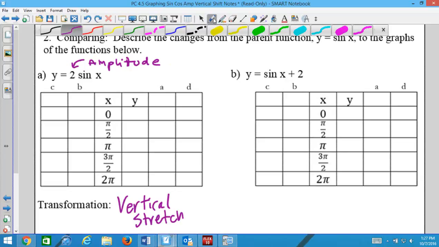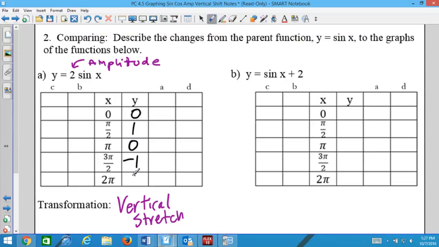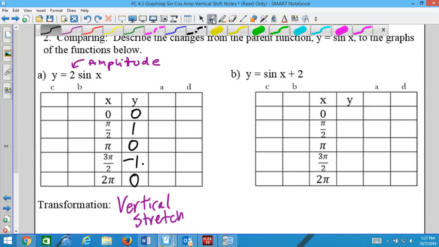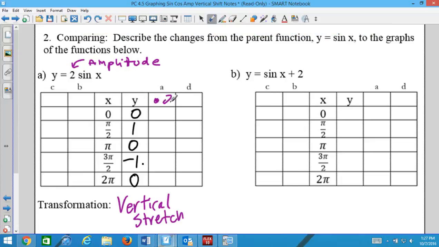So we fill out our table. I'm going to put my key points in, and sine starts at 0. And then 2 is that A, B, C, or D? That's the A value. So for A, I'm going to multiply everything by 2. But you see where A is located in the table, it is next to the Y values.